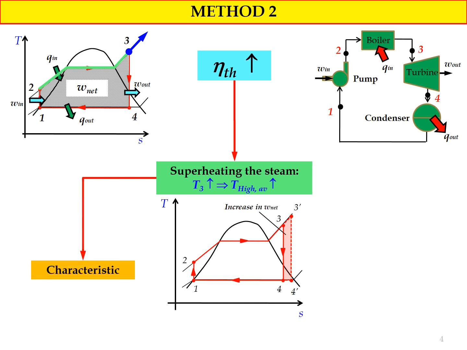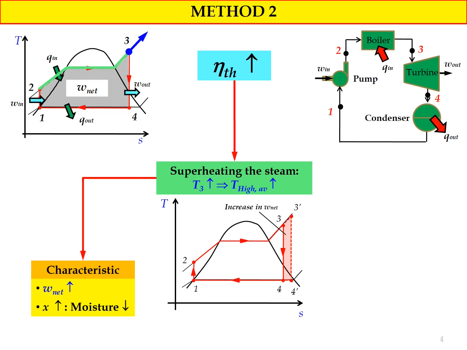Okay, now in terms of characteristics, if we implement the second method by superheating the steam, obviously the W net will increase as shown in the TS diagram, and the quality of steam also will increase, so we will have less moisture content during the expansion process in the turbine.